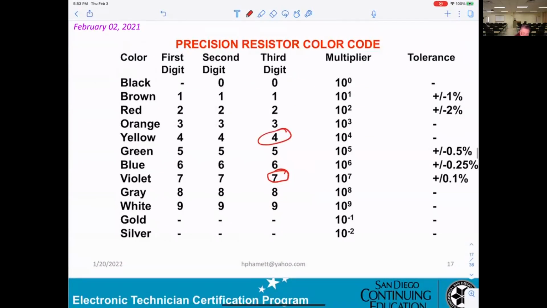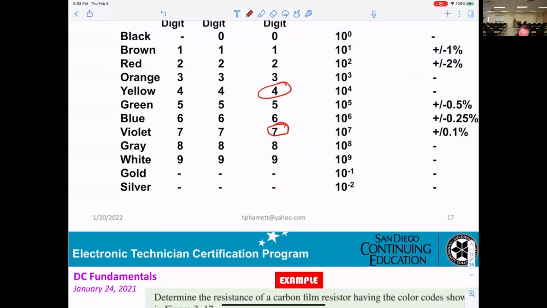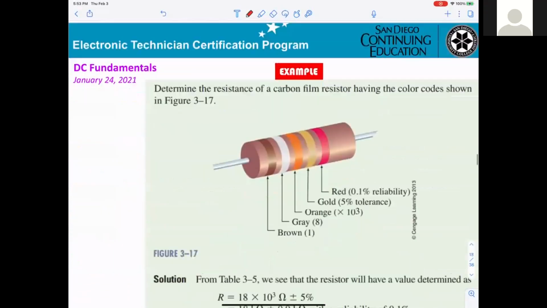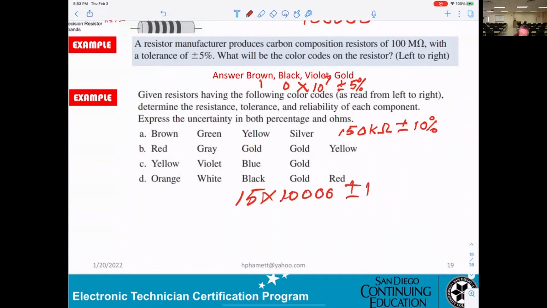Yeah. 4, that means 10 to the power 4. Yes. So that's 10,000. You get 15, 10 to the power 4 will be 10,000, right? Mhm. Okay, and silver plus or minus 10%.